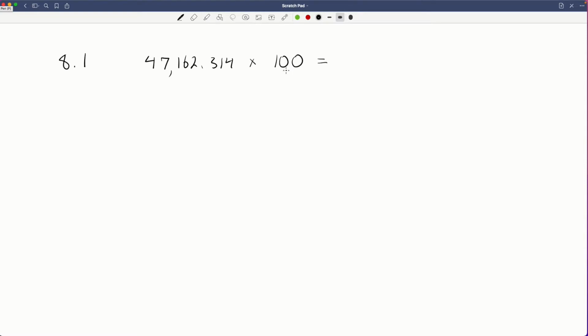We count the number of zeros, 1, 2 zeros, and we move the decimal that many places, 1, 2. So the answer would then be these numbers, and then the decimal, and then we just count 1, 2, 3, we put our comma. So you can see that's all you're doing is you're counting the number of zeros and moving the decimal to the right that many times.